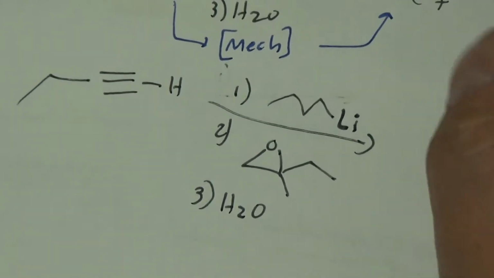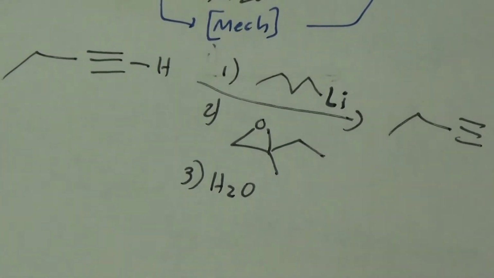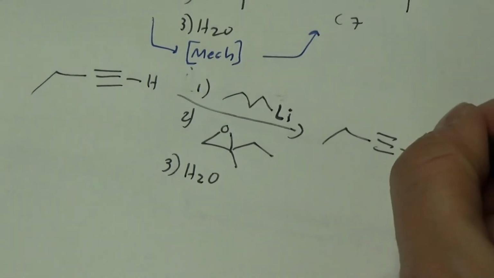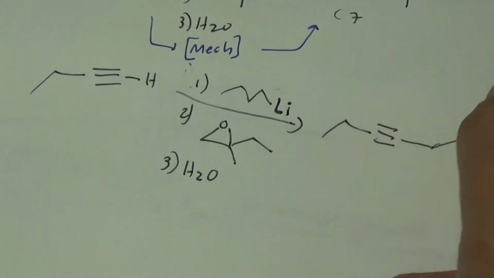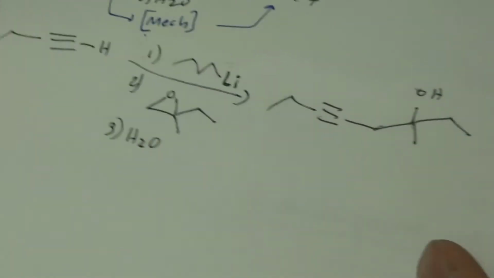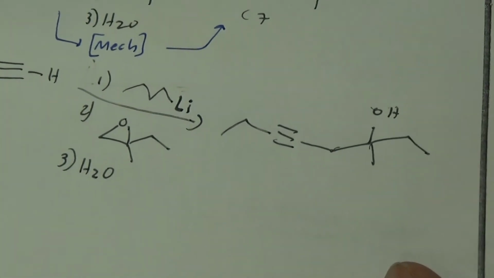Okay, I'm just going to draw the product. Now this carbon is connected to this carbon, so we have the carbon. And there we go. And where's our squiggly line?